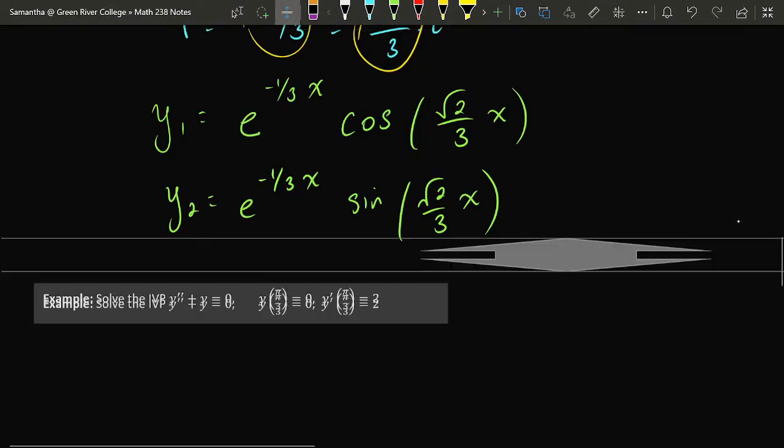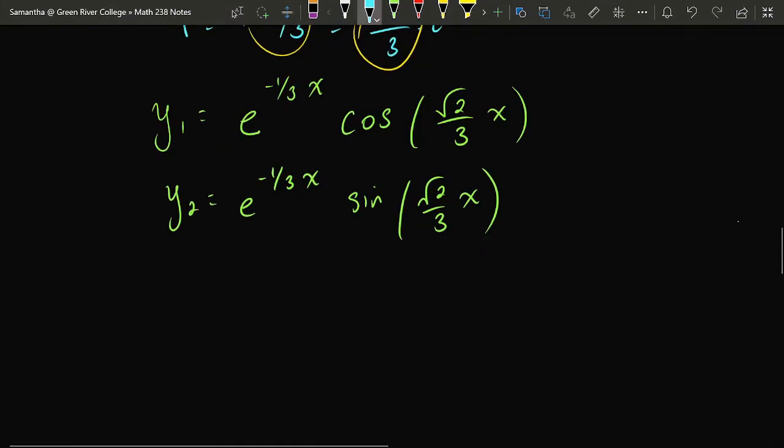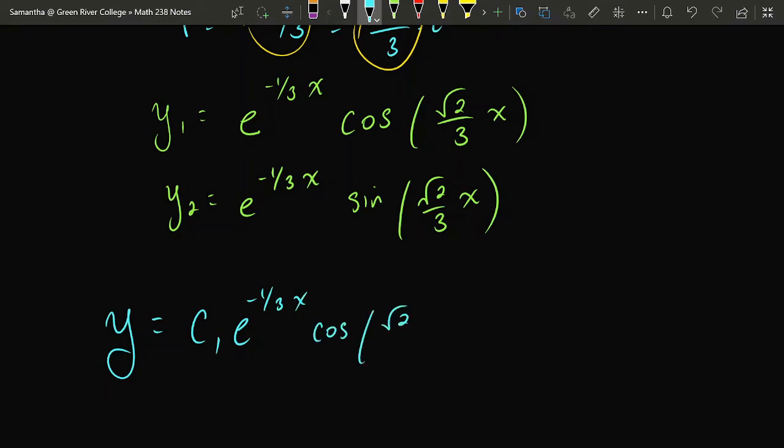And therefore, our general solution to this differential equation would be that the function could have the form c1 e to the negative 1/3 x cos root 2 over 3 x plus c2 times the other solution with the sine.